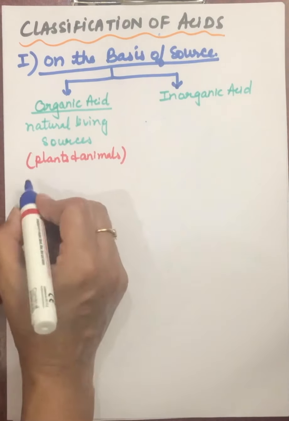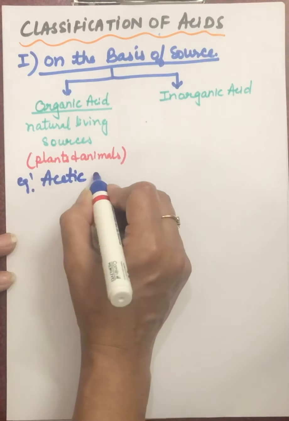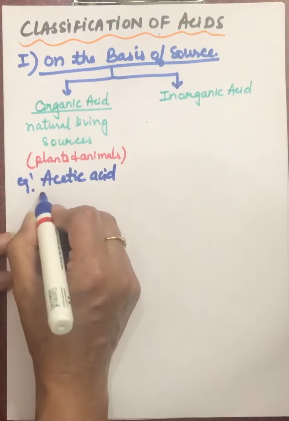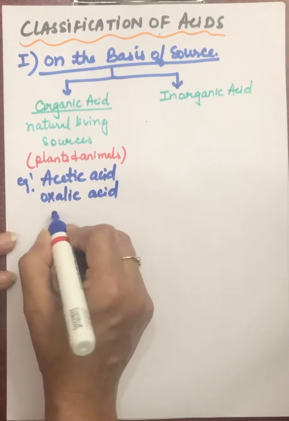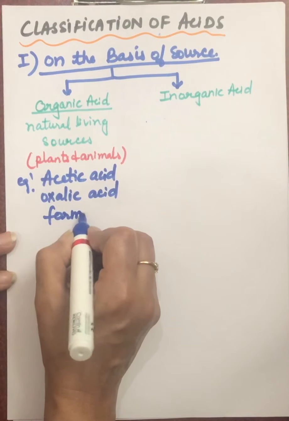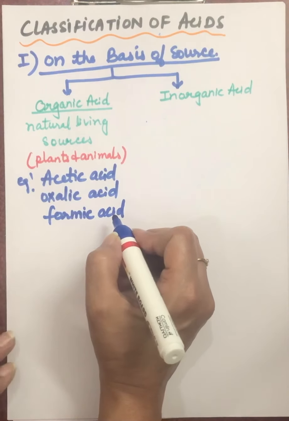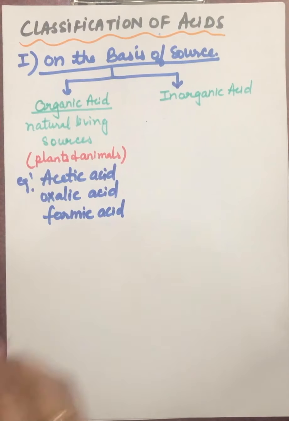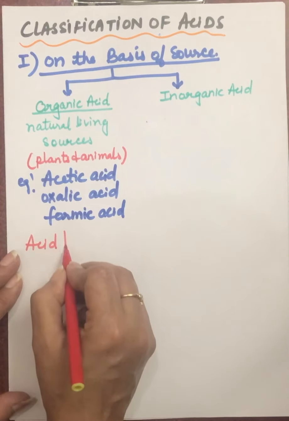Examples of these are acetic acid, oxalic acid, formic acid. These are organic acids.